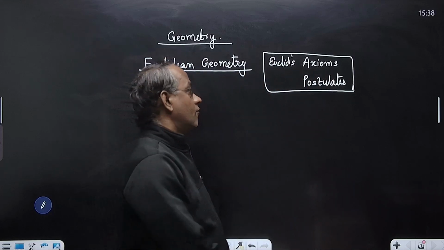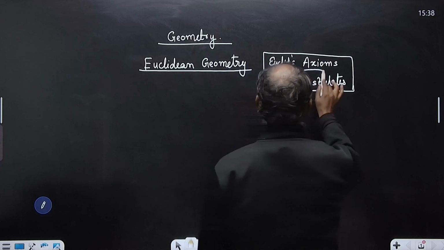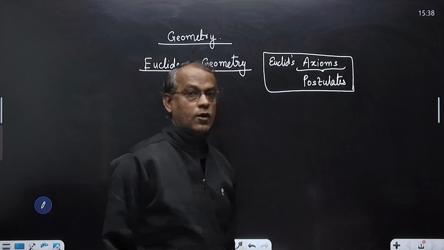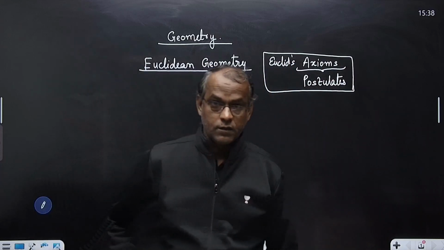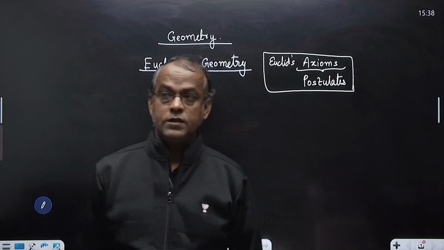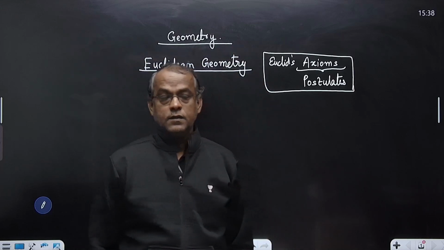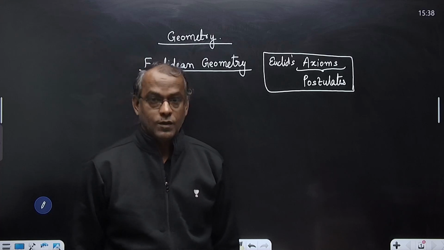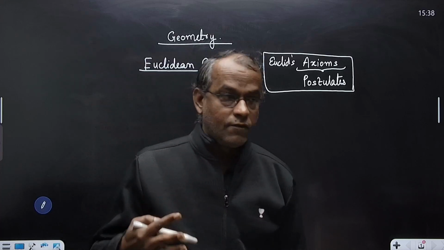Axioms are facts that we take for granted, that we assume are true. We don't need to justify it. For example, one of the postulates is that there is only one line joining 2 points. So we just accept it as a fact.